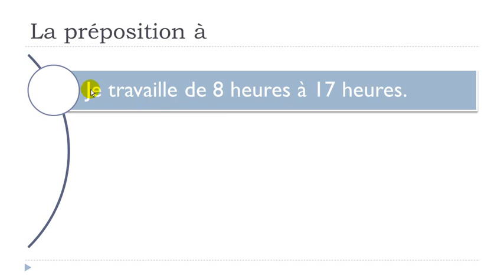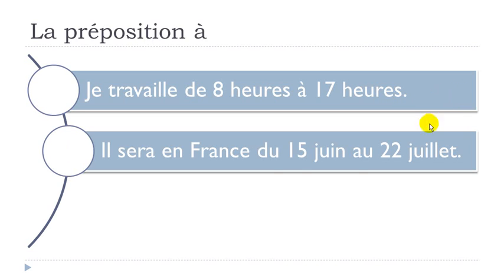So: je travaille, travailler is to work, de, so from, 8 heures à 17 heures. It's really the from to. In this example, it's quite traditional, quite classic, because we introduce the hours or the time. So from to.